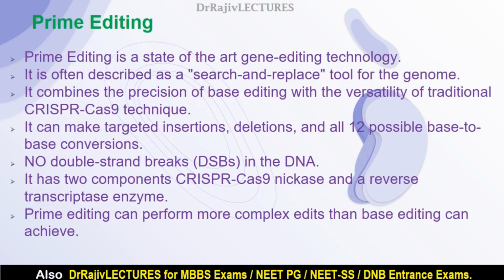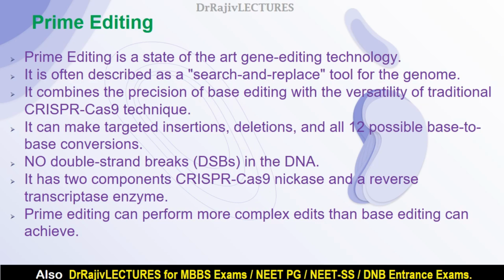Prime editing is a state-of-the-art gene editing technology. It is often described as a search and replace tool for the genome. Prime editing combines the precision of base editing with the versatility of the traditional CRISPR-Cas9 technique. It can make targeted insertions, deletions, and all 12 possible base-to-base conversions without creating double-strand breaks in the DNA.